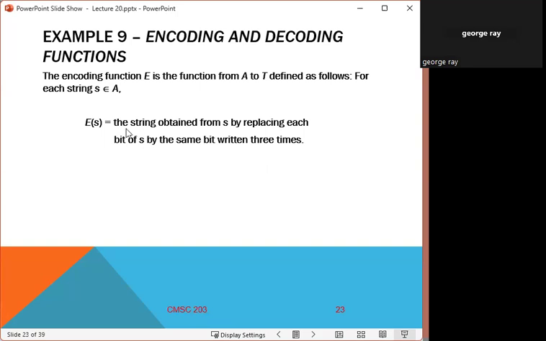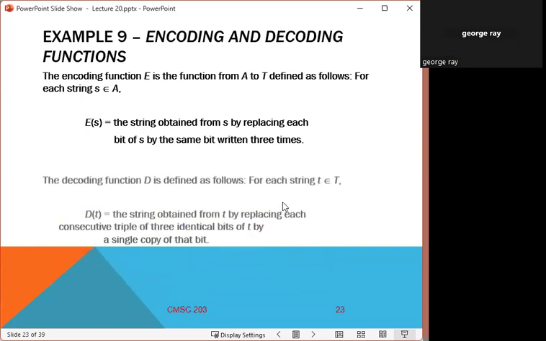So they have this E of S is a string that's obtained from the original string S by replacing it with the encoded values. In the example she gave in the book, you write the bit 3 times.